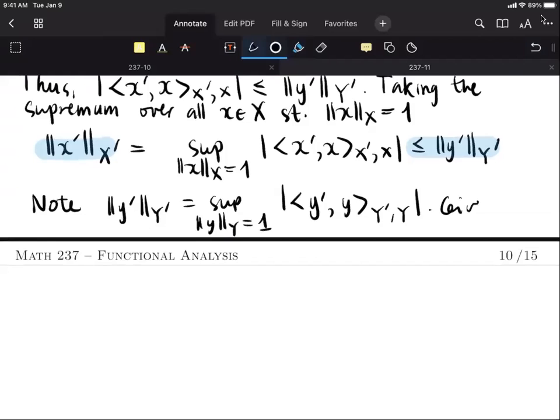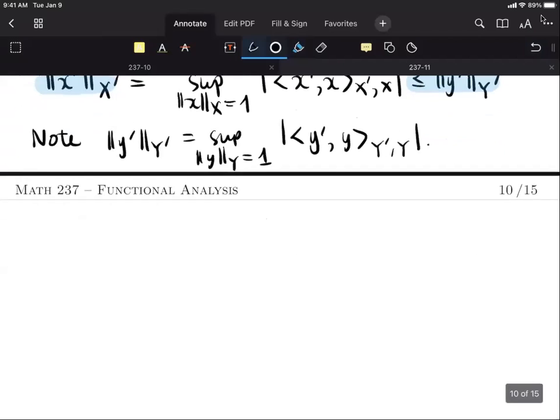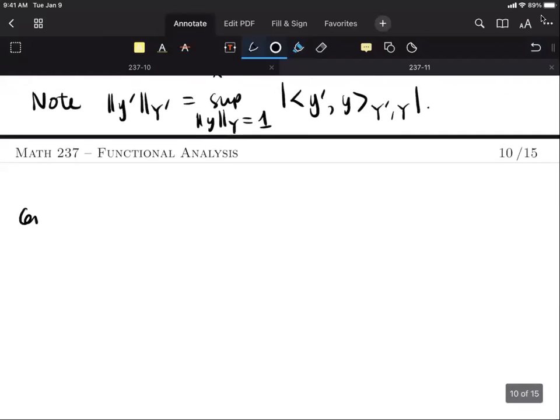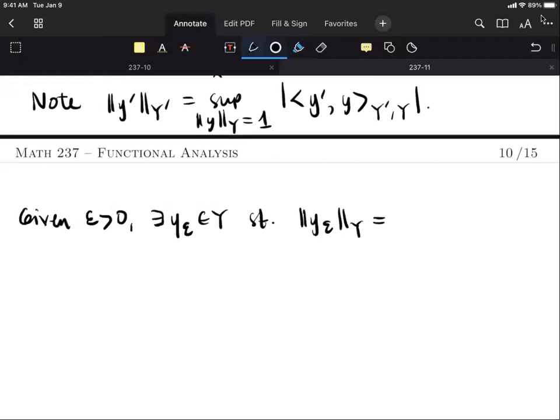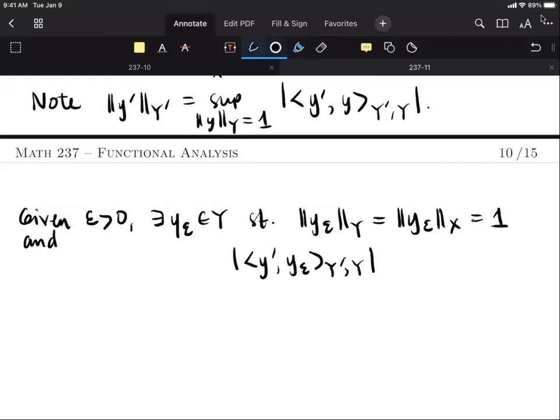Okay, so given a positive epsilon, from the definition of the supremum, I can find a y epsilon having y norm, which is the same as the x norm, equal to 1, and that the duality pairing is slightly larger than a number slightly smaller than the supremum.